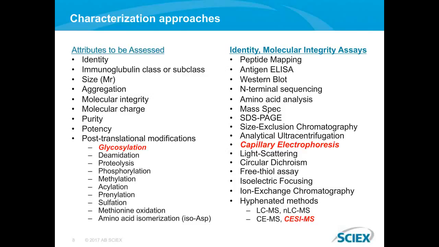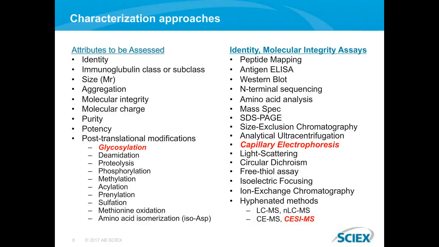The characterization approaches are really plentiful. And people have been using different methodologies because this IgG or any other therapeutic protein should be very, very heavily analyzed. Out of these methodologies and out of these structural changes that should be analyzed, we picked the glycosylation.